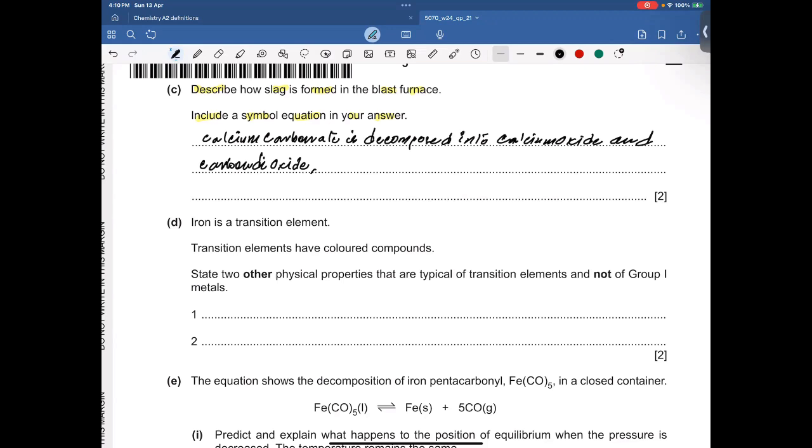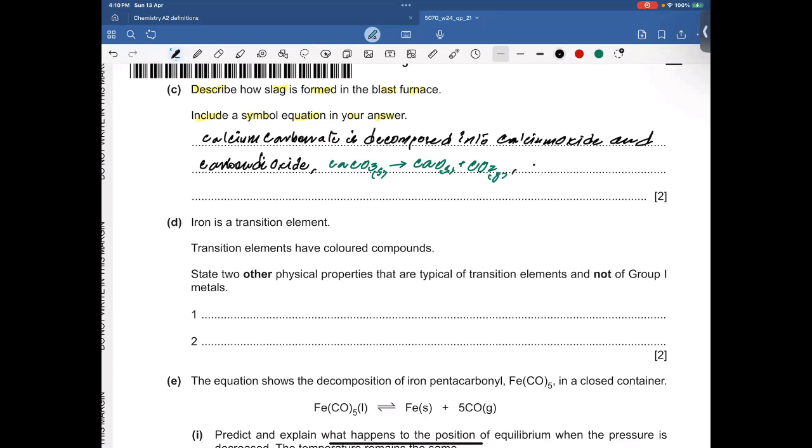So the equation for this reaction is going to be like this. CaCO3 has to be solid. Calcium oxide is solid, carbon dioxide is a gas, because the examiner is looking for the symbol equation, right?